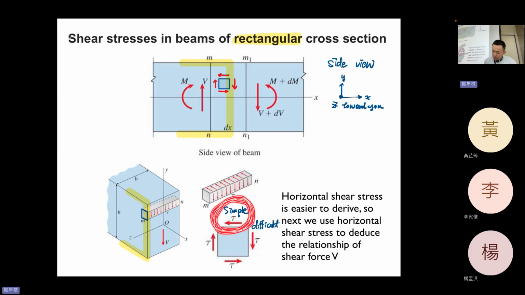Okay, and then because we are focusing on this one, I want to see the top surface stress on that element. So you know what I'm going to do is that we cut this surface, well, this element, this region, to see the stress, the force on that surface.